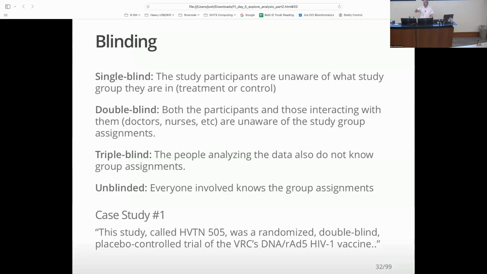Yeah, that's good. I actually want to disagree with one thing you said, which is that if they know that they're getting a placebo, then the placebo might not be effective. The drug could be effective whether they know they're getting the drug or a placebo.